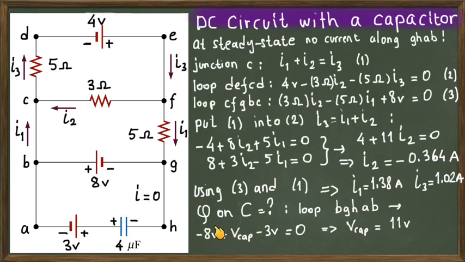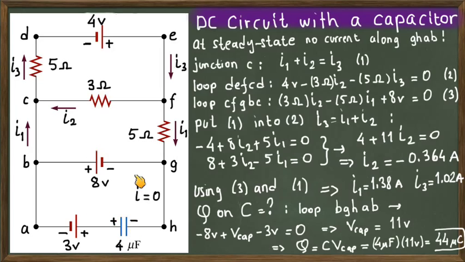Since you are given the capacitance as 4 microfarads, the only step left is to multiply this capacitance C with the voltage difference you just found. You find 44 microcoulombs as the charge on this capacitor at the steady state, because there is no change in the charge anymore, and this charge is maximum for this capacitance.